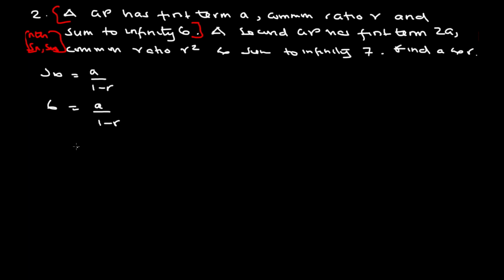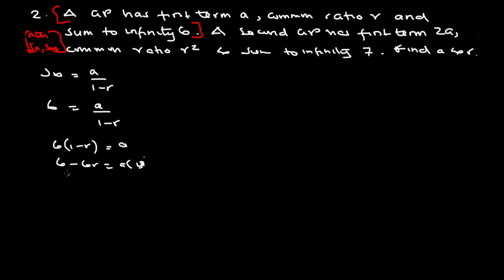All right. So this is our first formula, meaning that I can actually expand this and say 6 times 1 minus R is equal to A, meaning that 6 minus 6R is equal to A becomes my first equation.